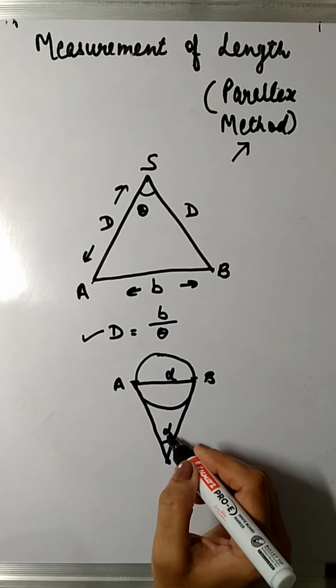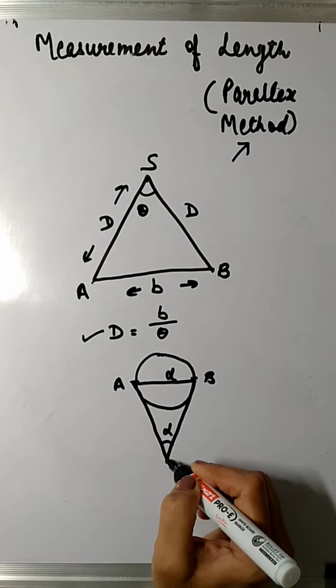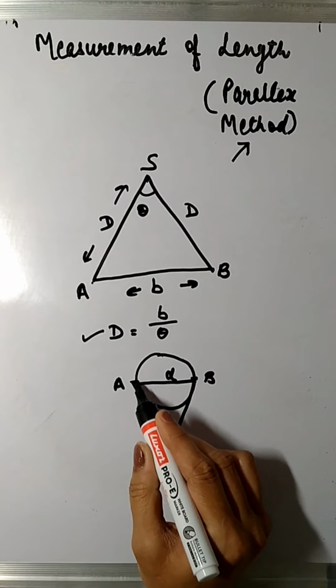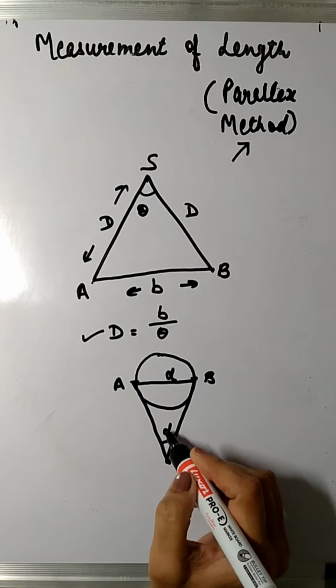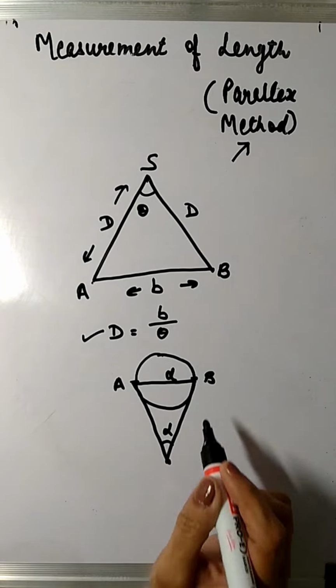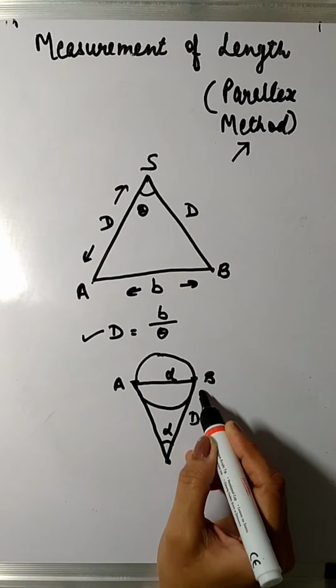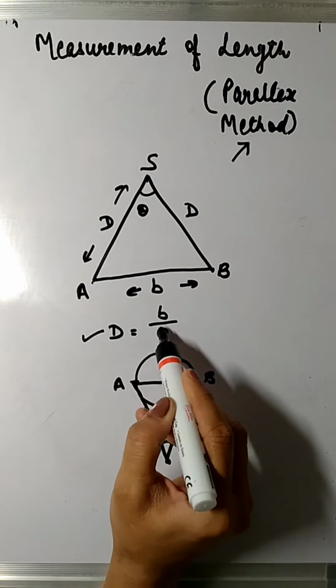Now we know the angle alpha because from the telescope we measure point B and point A and calculate the angle alpha. And we know the distance D because we have already calculated it from this formula.